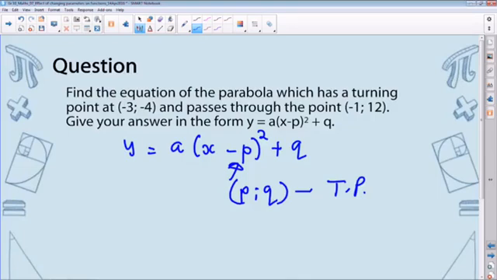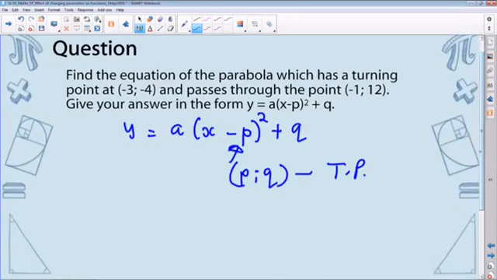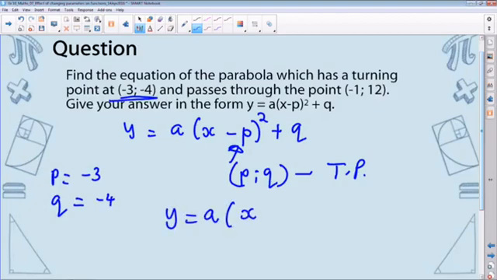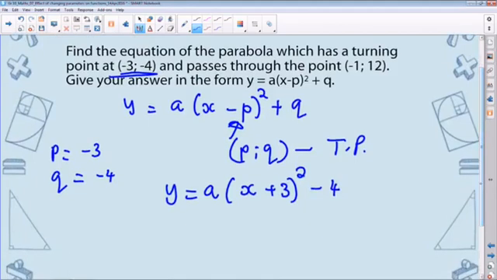All right, so now here you are given the values of p and q. So your p is −3, q is −4. So you have y = a(x + 3)² − 4. Now, once you have substituted that, they are also telling you that it passes through the point (−1, 12). What is that point?